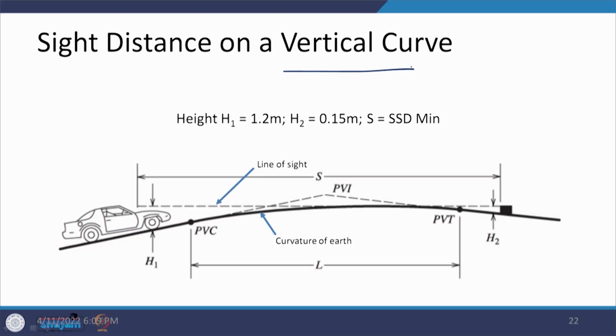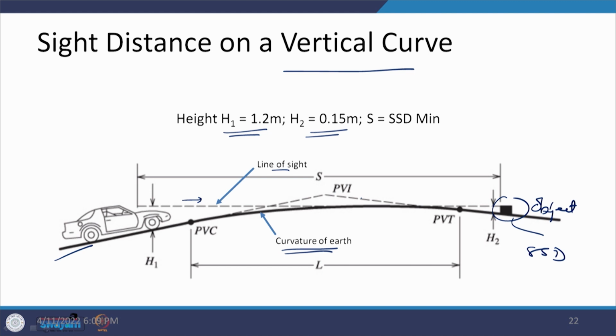Let us look at another case which is related to vertical curves. Now, in the case of vertical curves, as I said, there is a curvature of the earth, and the vehicle is coming from this side. So, there is a line of sight here. With respect to the line of sight, there is an object, and if you are talking about SSD, then the height of the object is going to be 0.15 meter and the line of sight with respect to the driver is going to be 1.2 meters above the surface.